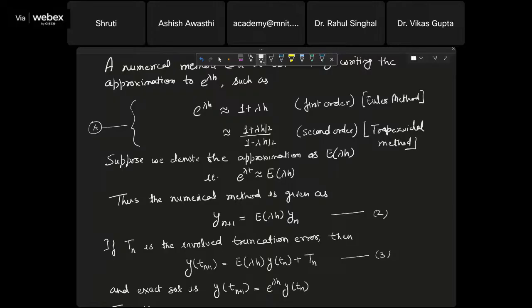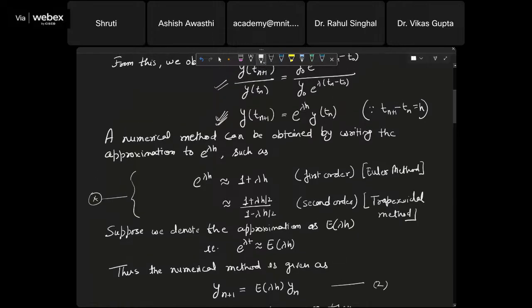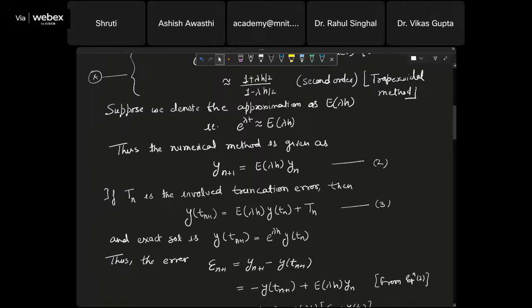Okay, so this truncation error, because we are talking about the exact solution, is added here. So E lambda h y at tn, but then some error is involved, so this truncation error we are adding over here. But on the other hand, we know what the exact solution is. It is e power lambda h y tn.